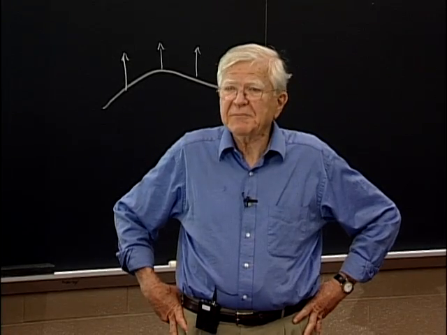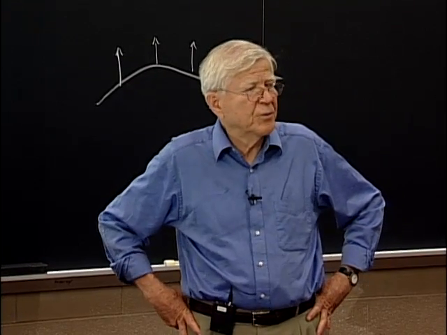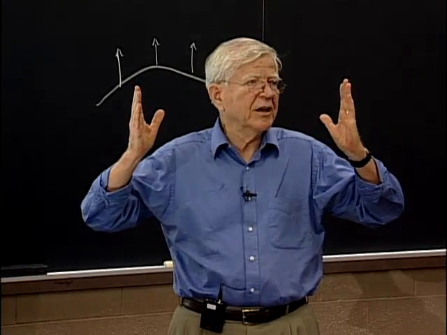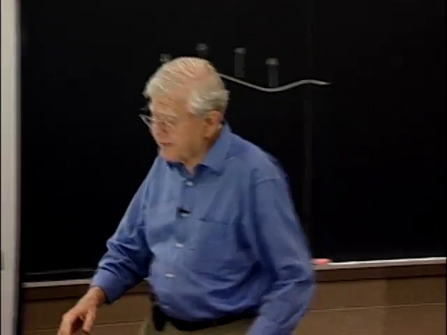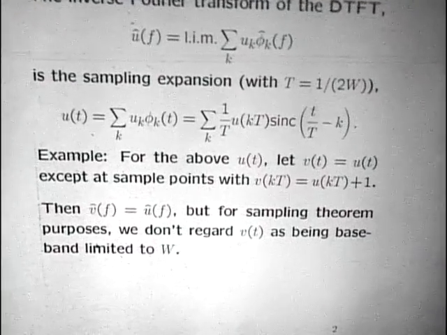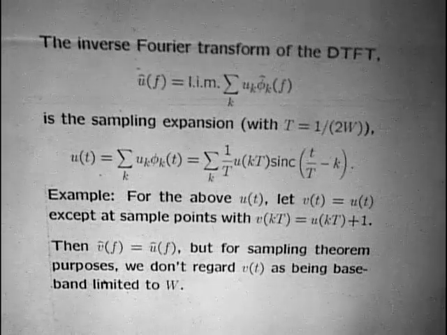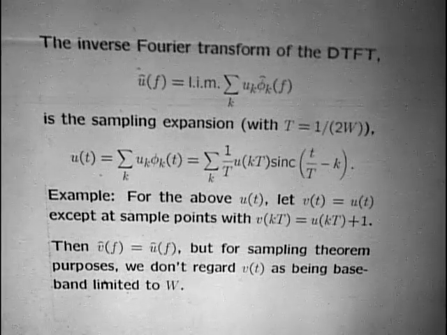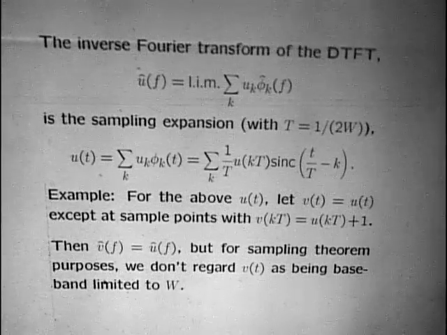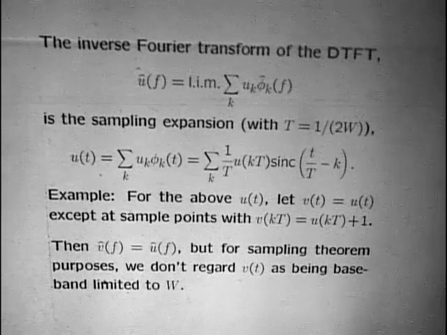Usually when you talk about a baseband limited function, you're talking about a function whose Fourier transform is 0 except in the range minus W to plus W. Well, this new function v of t here has the property that its Fourier transform is 0 outside of minus W to plus W. And therefore, if you define baseband limited as functions whose Fourier transform is 0 outside of limits, then the sampling theorem doesn't hold.